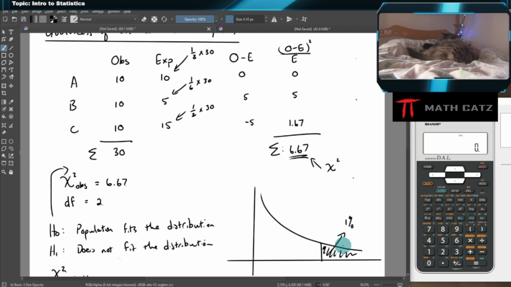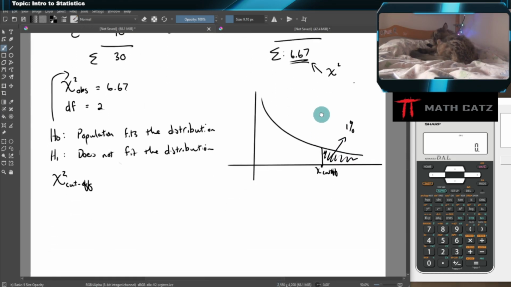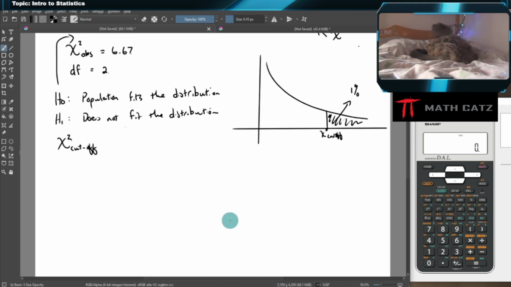That is going to be considered strong enough evidence that if I get something out here past my chi-squared cutoff, then that's probably because it does not fit this distribution. There's actually another distribution that this population follows, because it is so rare to get this. But I have to find my cutoff value first.